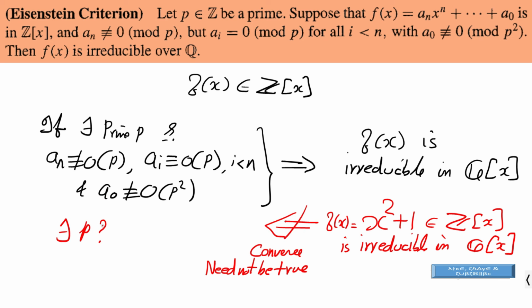Can you find a p satisfying these conditions? No. We cannot find any prime number satisfying all the conditions on the left hand side, which means that there is no such prime number p. So this is a proof for the statement that the converse of the Eisenstein criterion need not hold always.